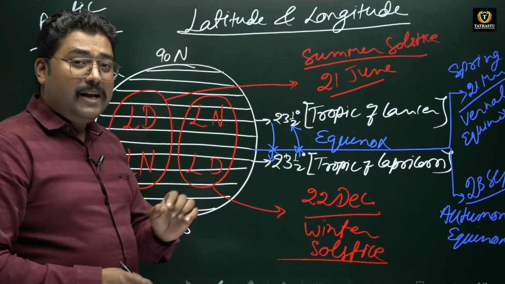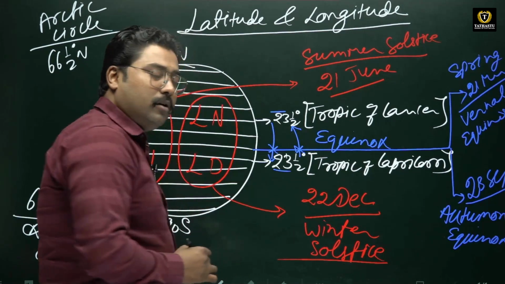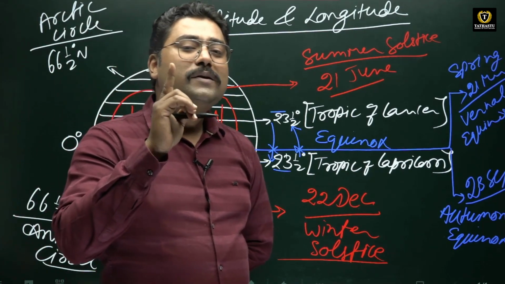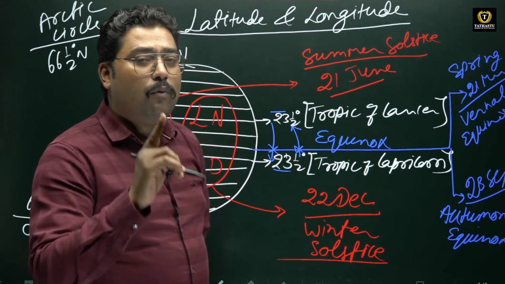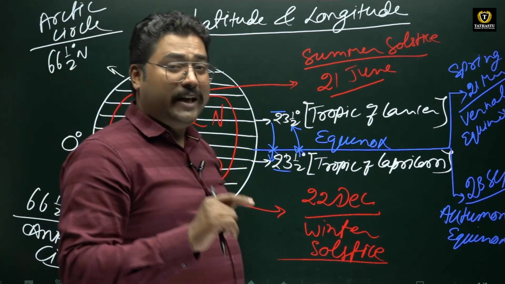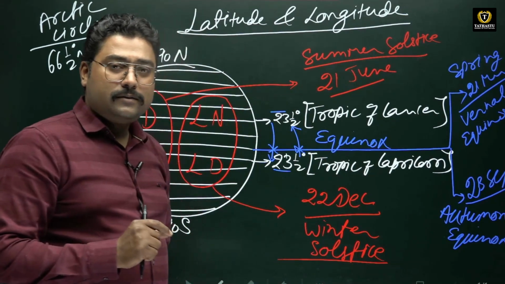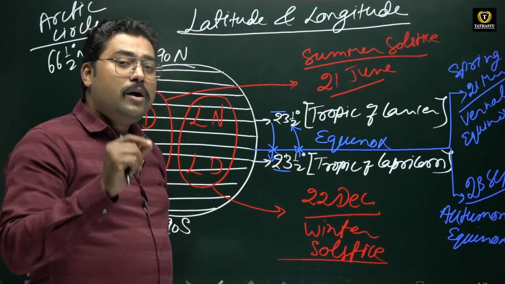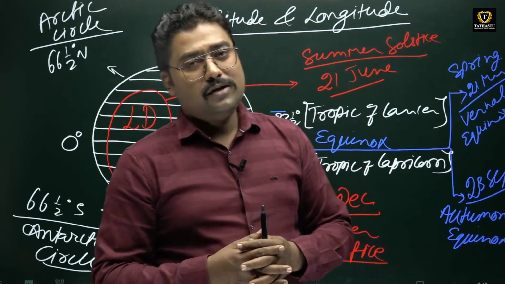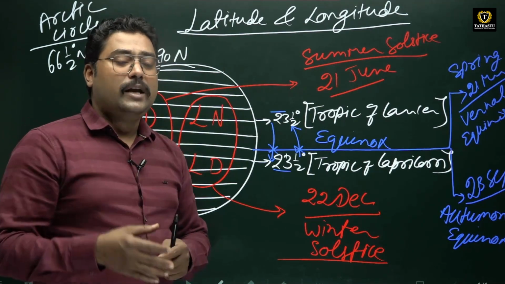Basically the places which are located between Cancer and Capricorn will experience minimum 1 zero shadow day or vertical sun rays in a year. Now the question is going to change: how many places will experience maximum 2 days of vertical sun rays, or basically 2 zero shadow days?